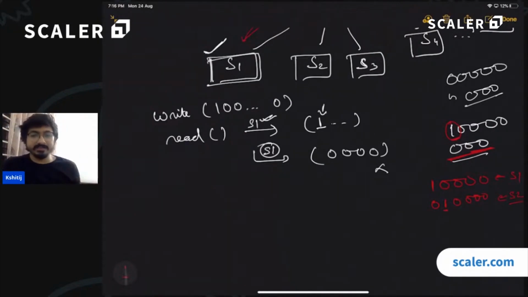Similarly, if you want to check S3, you can set a set bit in the third position. If you don't get the third bit as set, you can definitely say that S3 is faulty. Now, does this make sense to everyone?